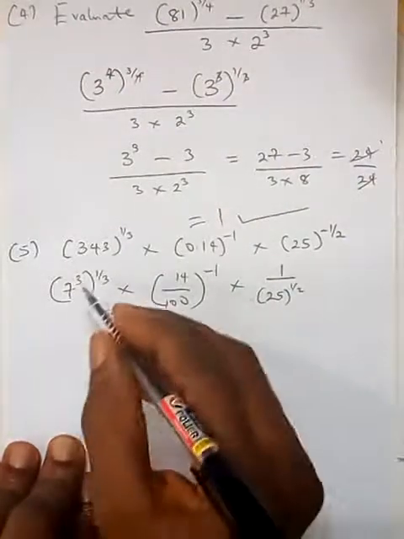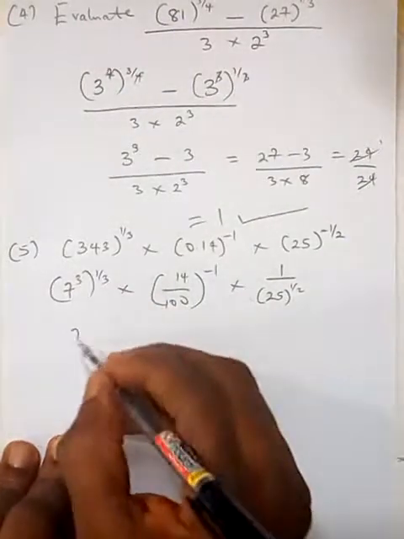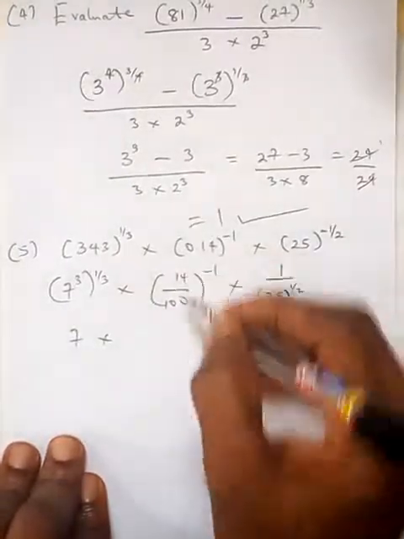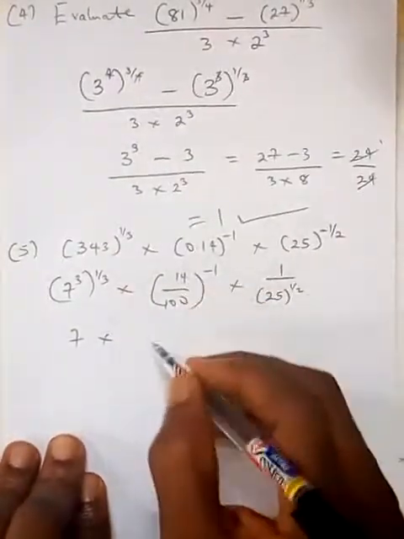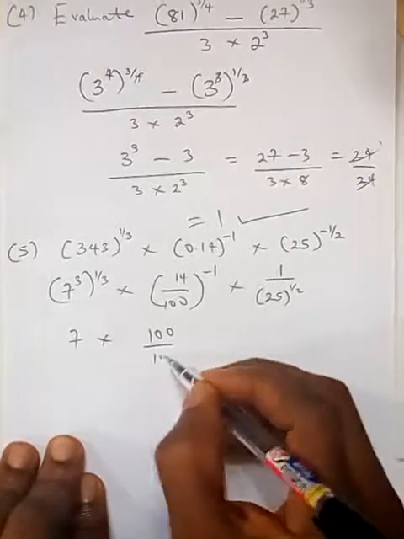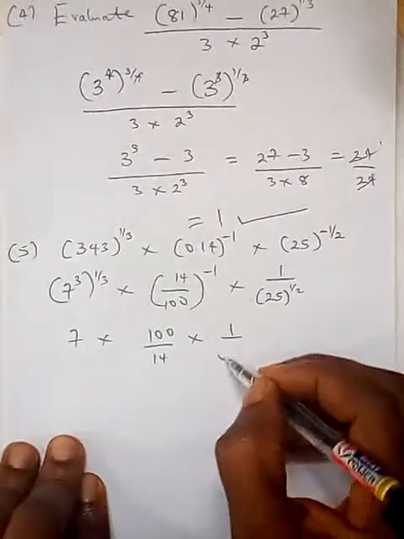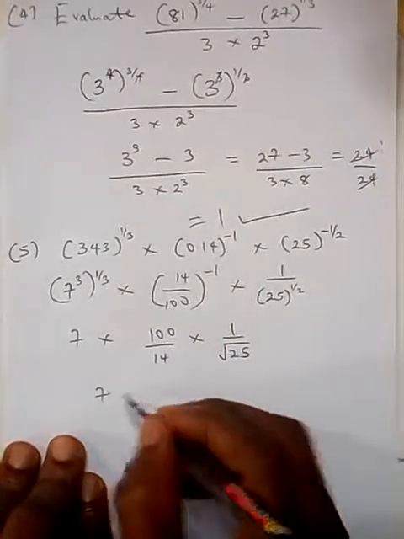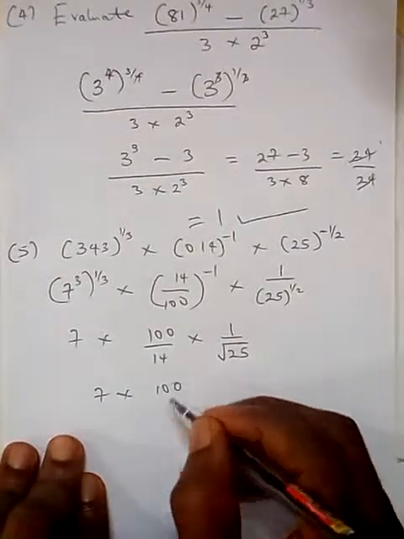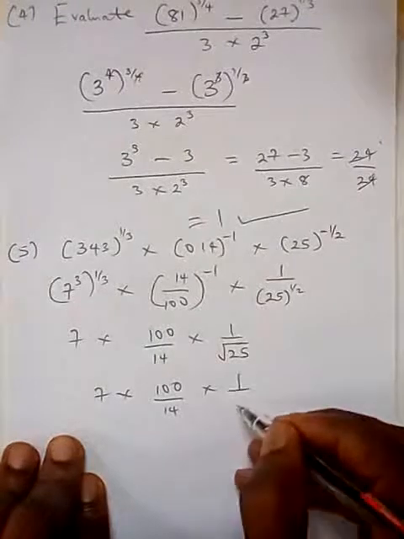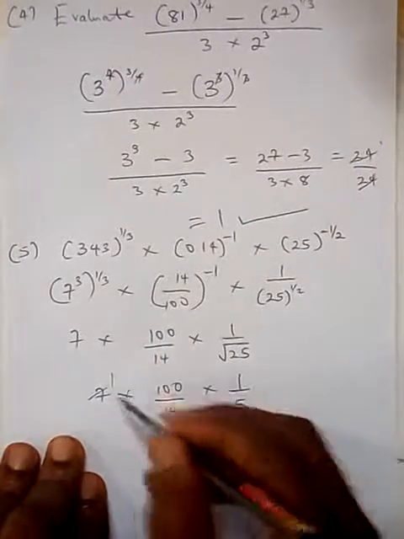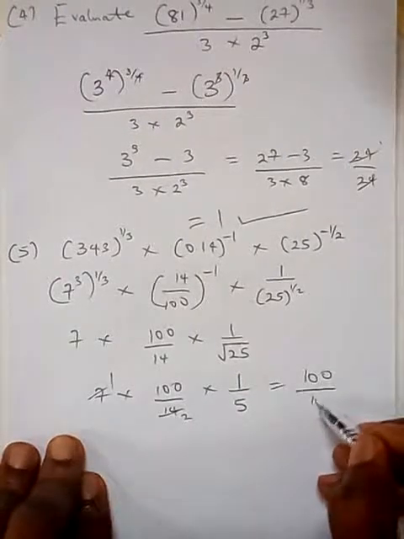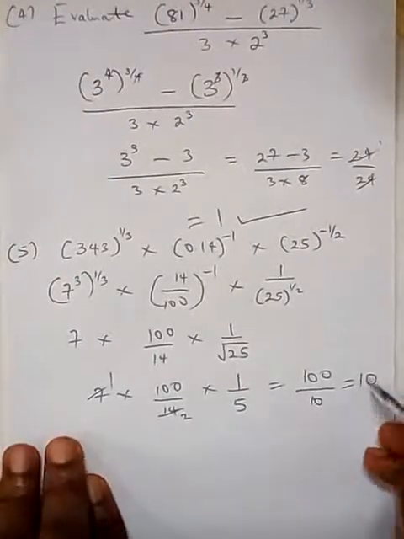Okay, so if you multiply 3 and 1 over 3, it's going to give you 7 times, because of this minus, it will be 1 over this, and if I do 1 over this, it's going to flip, times 1 over square root of 25. Okay, and that's 7 times 100 over 14 times 1 over 5. Okay, 7 here 1, 7 here 2, and that is 100 over 10, and that is 10.